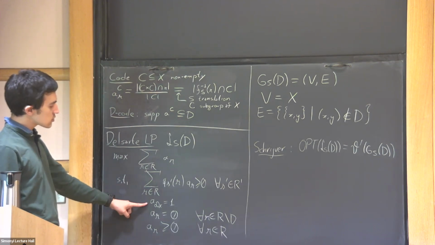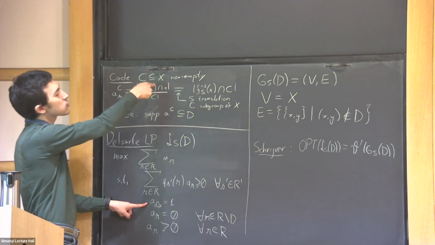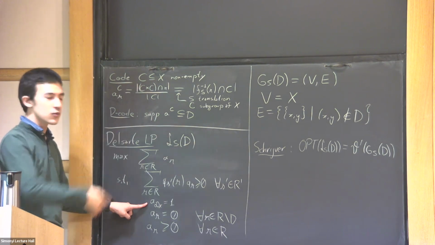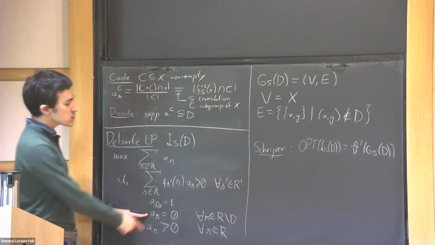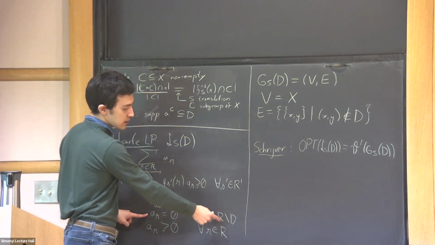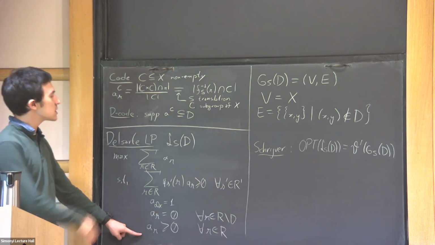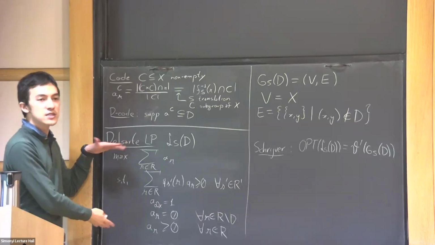It's also easy to see that A of the diagonal is 1 because it amounts to the size of the code cross code, the pairs (x, x) for x in the code, divided by the size of the code, which is just 1. This is AR equals 0 whenever R is in R minus D, which is just this condition that the support is contained in D. And of course, these are counting things, so they're non-negative numbers. So this linear program is a relaxation, right?